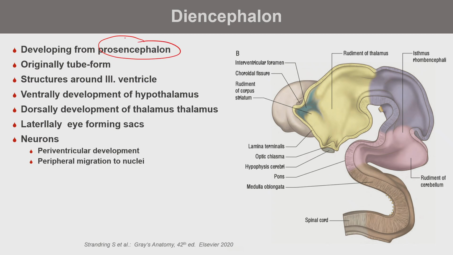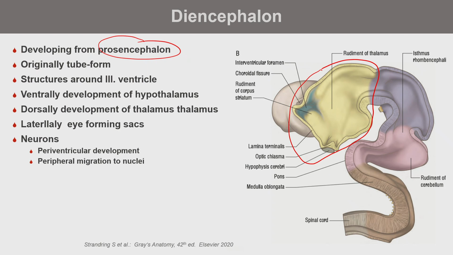Prosencephalon means it is a tip of the neural tube, head tip of the neural tube. So we can distinguish here two parts, as I have mentioned, the telencephalon, but now we will concern ourselves with the diencephalon. This is an embryonic schema where the yellow color is showing the part which is called diencephalon.